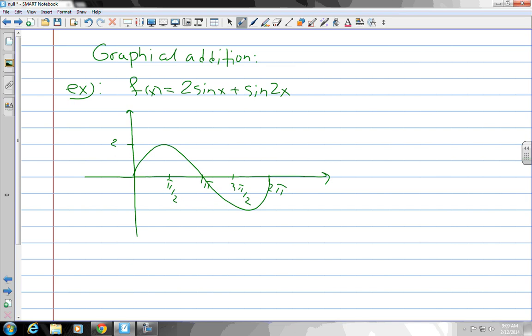So the other one will be a normal sine curve, only doing this. It'll have 2 full periods between 0 and 2 pi. Okay?